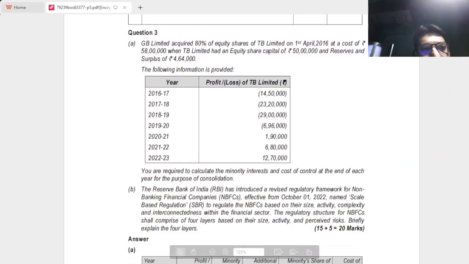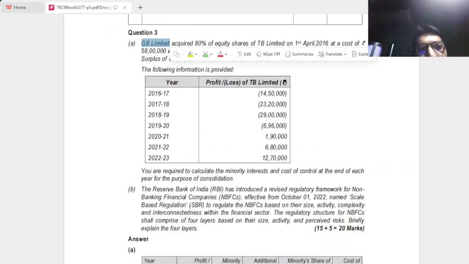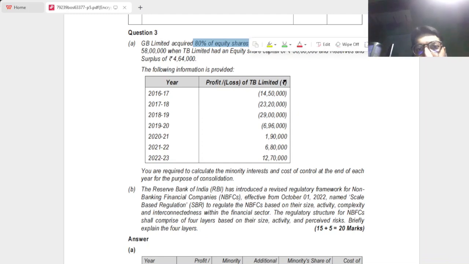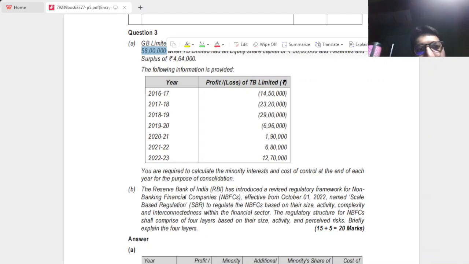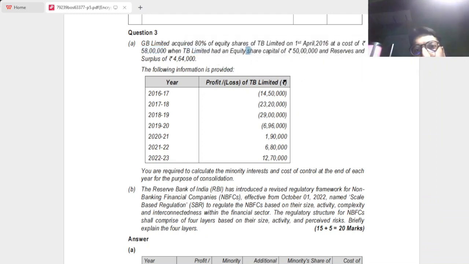This is the question. GB Limited acquired 80% of equity shares of TV Limited on 1st April 2016 at a cost of 58 lakh, when TV Limited had an equity share capital of 50 lakh.